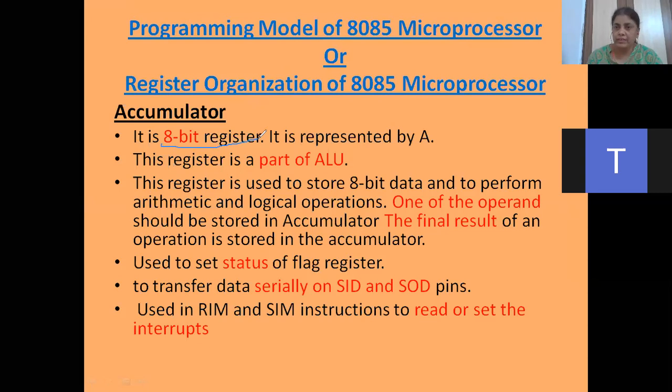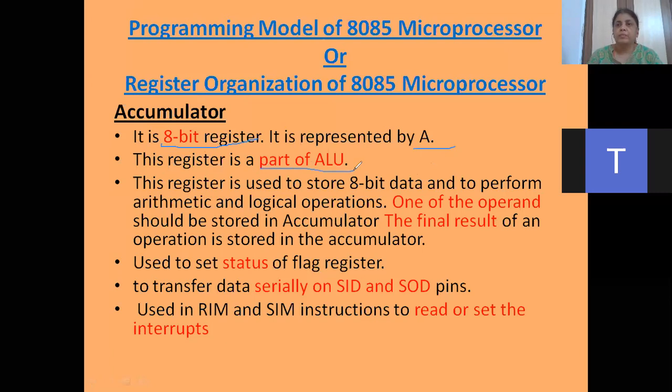When you are processing, you will give 8-bit data simultaneously, and before or after processing, the data will be stored. So your memory location or register size should be 8-bit. So it is an 8-bit register and it is represented by the symbol A. Now this register is a part of the ALU.